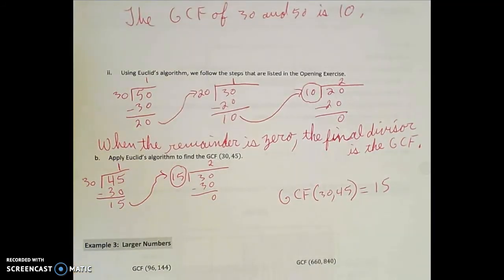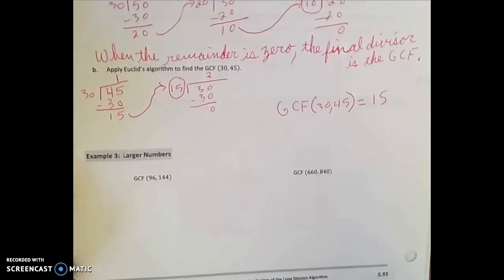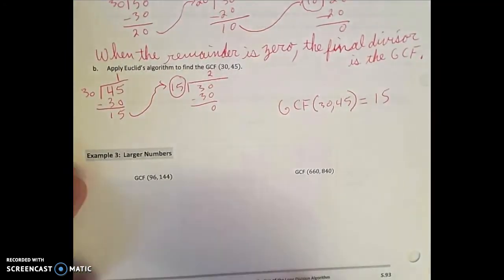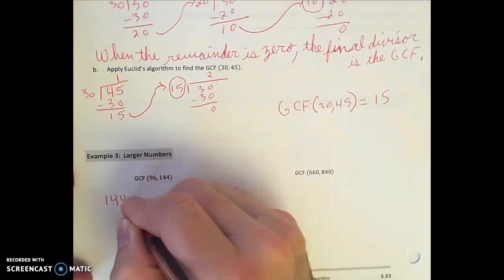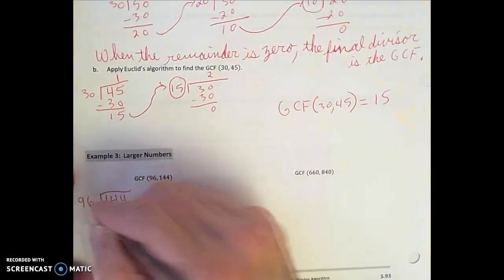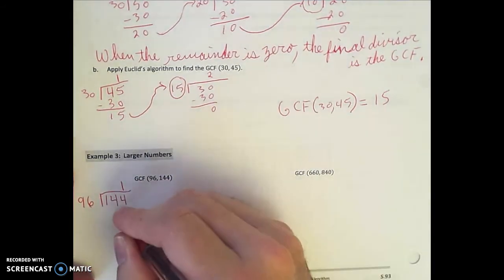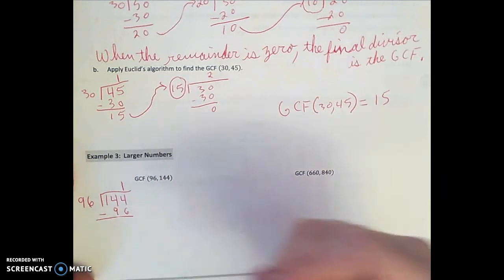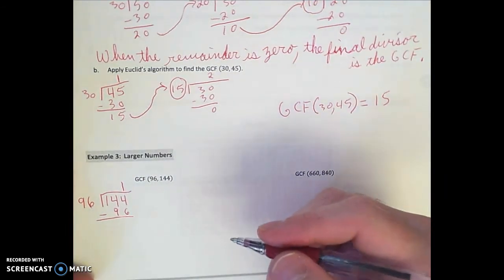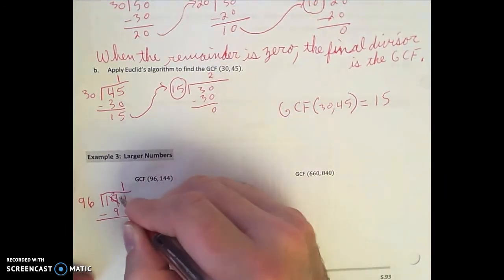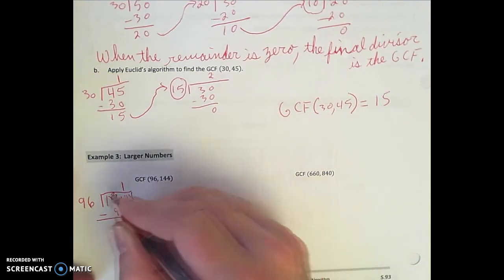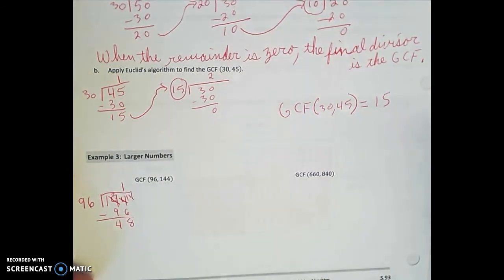All right, so now let's apply this knowledge to some larger numbers. Let's take a look at the GCF of 96 and 144. So again, 144 would go on the inside. When we divide that out, we see that it goes in one time. 144 minus 96, we have a remainder of 48.